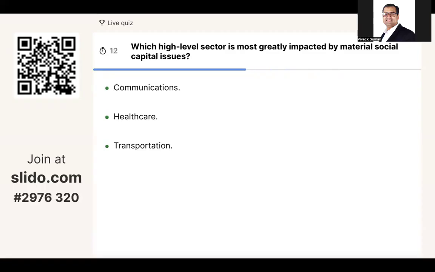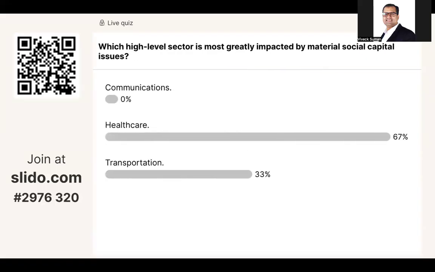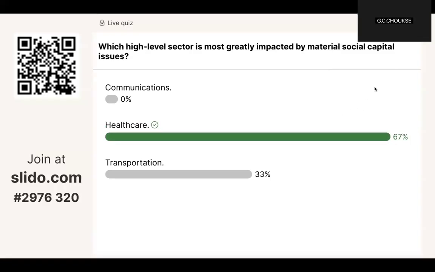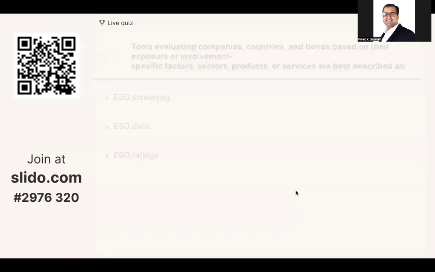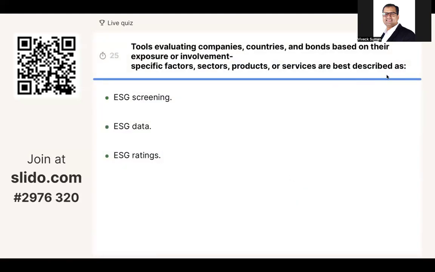Social capital is social issues. Which sector is most? Healthcare. Absolutely healthcare. It is healthcare where the social is most important. You have to cover the areas where people are really deprived of healthcare services. So here the social issue is critical. JC Choksi ji, go on.